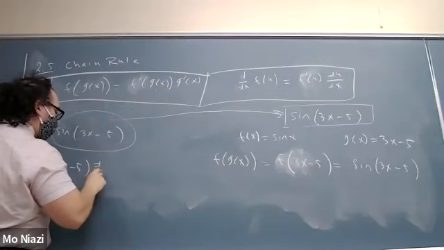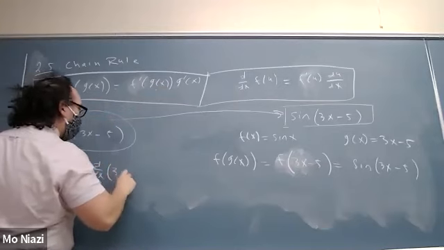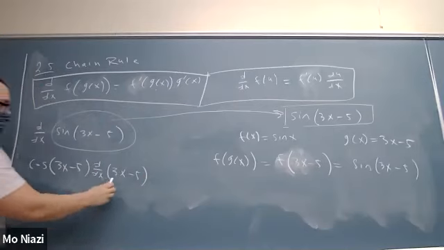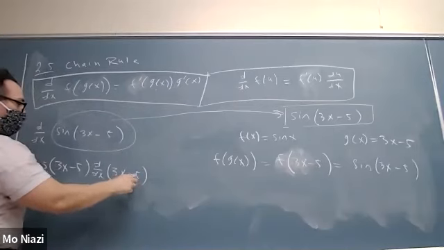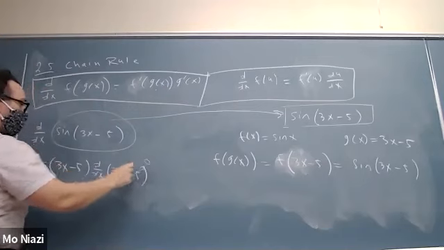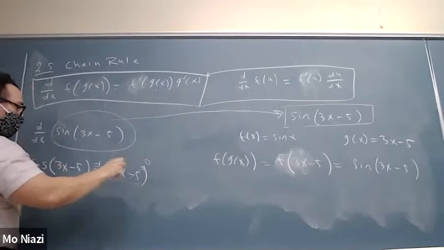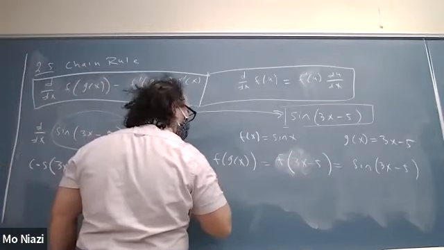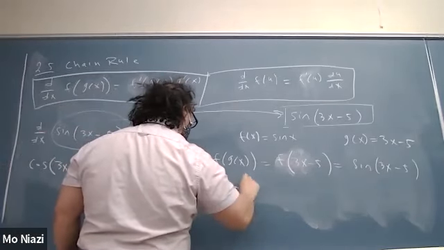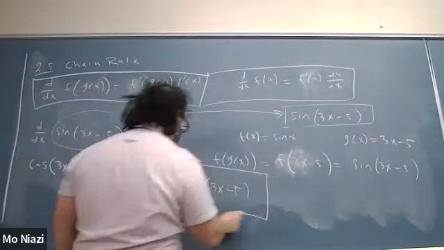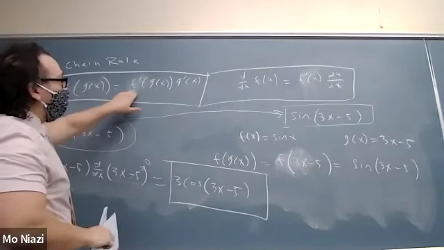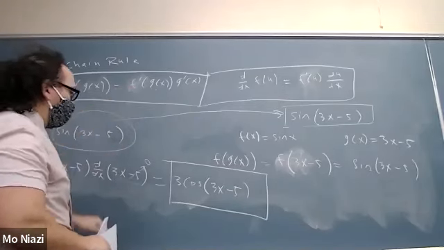So that's d dx of the inside function, multiplied times the whole value. The derivative of a constant is 0, and the derivative of 3x just takes the x away and you're left with a 3. So this becomes 3 cosine of 3x minus 5. It's this right here. We're using the chain rule.